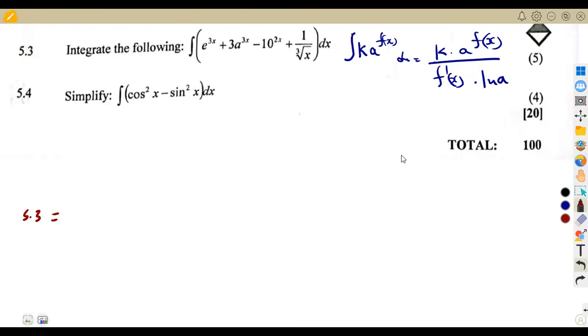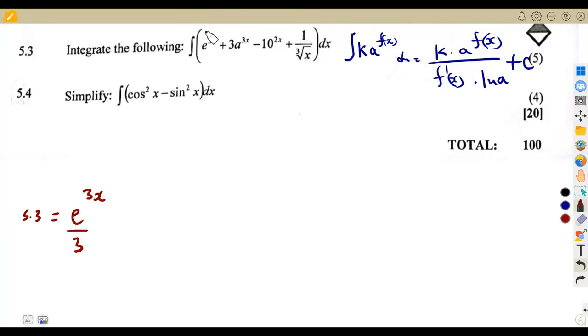It is supposed to give us e to the exponent of 3x as it is, over the first derivative of 3x, which is 3, times the ln of the base, which is ln e, and we know that ln of e gives us 1. So this whole part gives us e to the exponent of 3x over 3, okay?